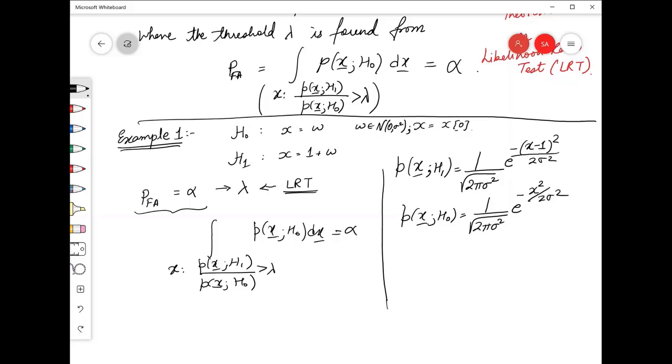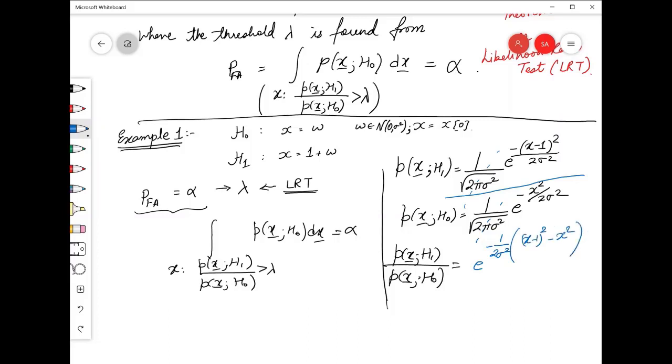Now what is the likelihood ratio here? What is the ratio coming out to be? If you divide these two expressions, these two are going to cancel, and some part of these are going to cancel, so it will be e power minus 1 over 2 sigma square times (x minus 1) whole square minus x square.